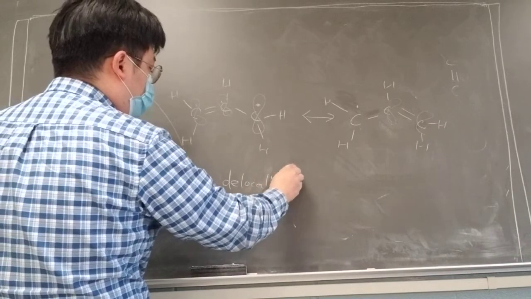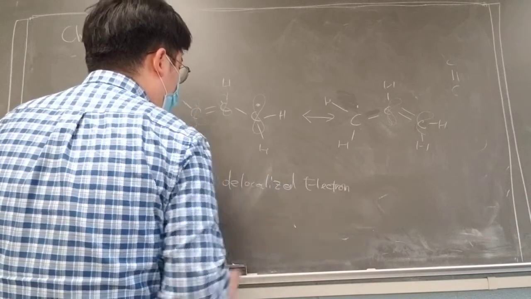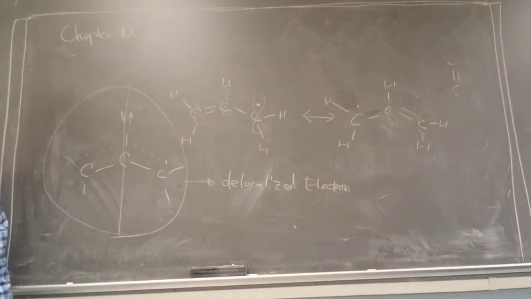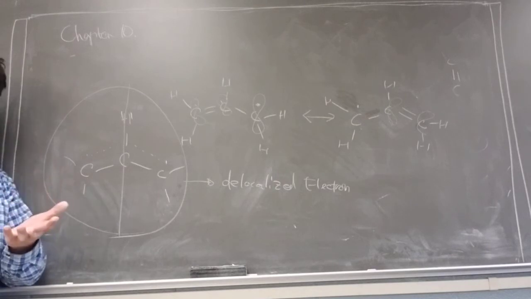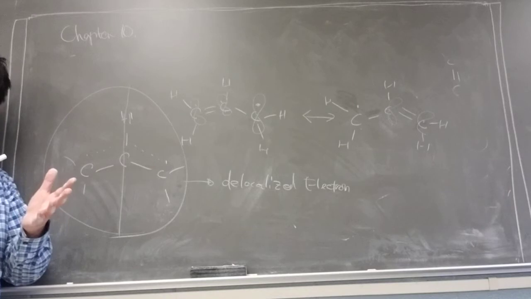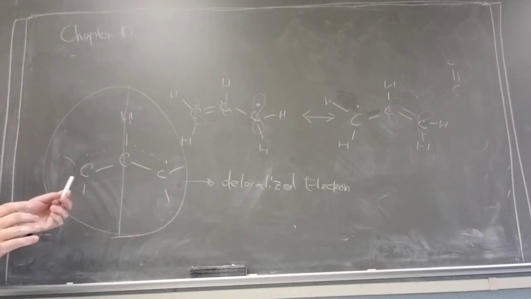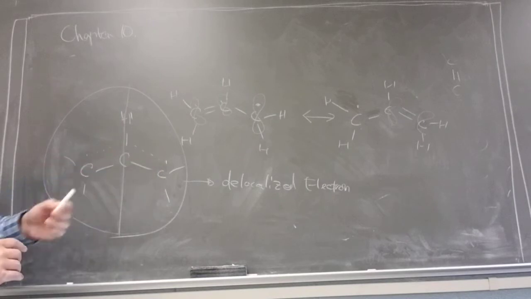Delocalized electron. This is where you don't mind where the electron really is, because if you look at this as an orbital, you know the orbital, right? This is where you can find the electron with high chance. In this case, we don't care anymore about where the electrons really are on those carbons.